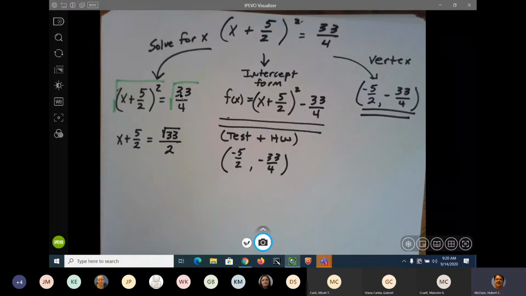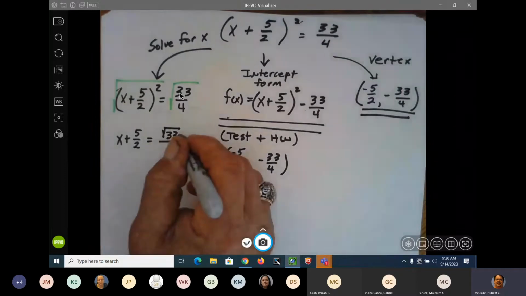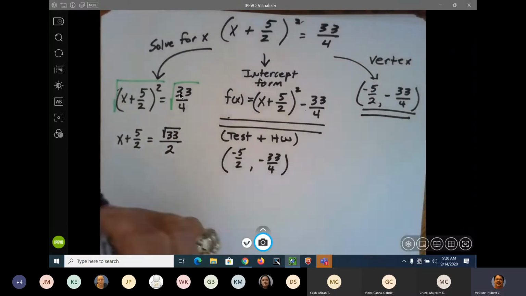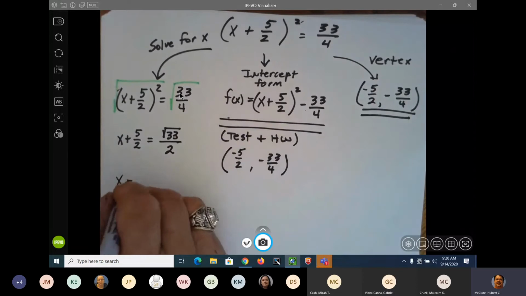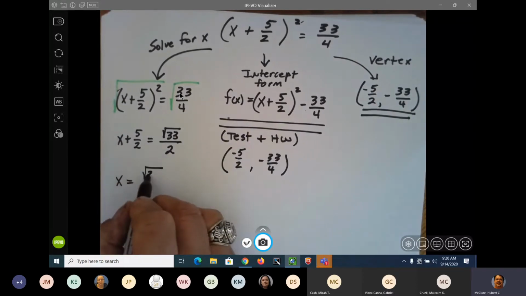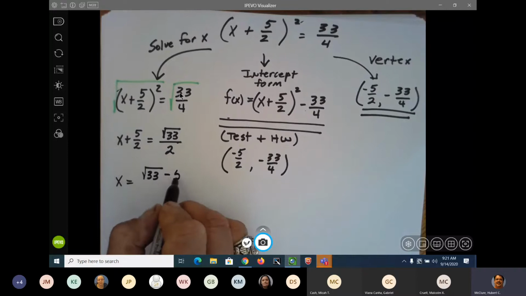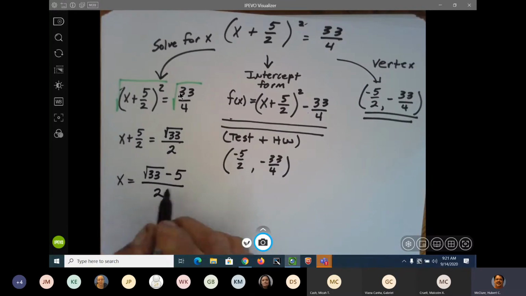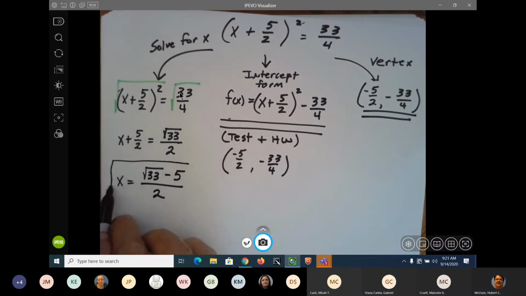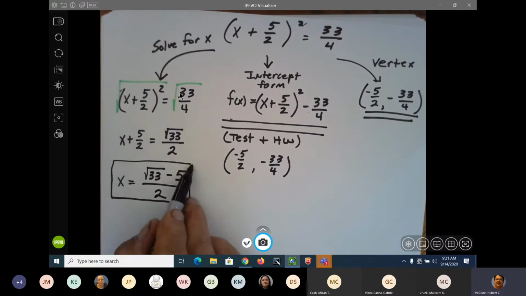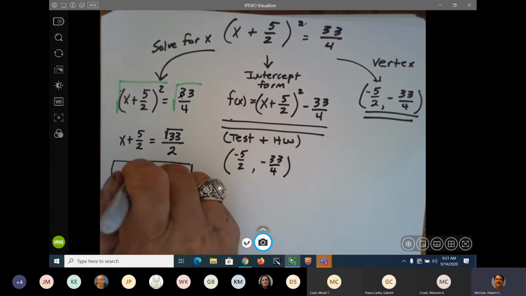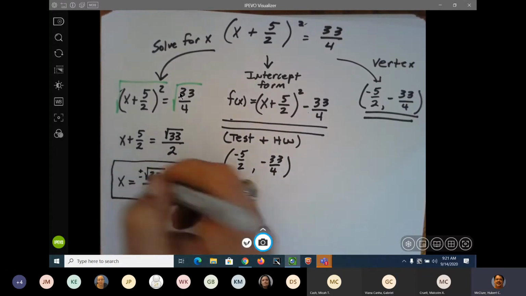Most of the time they want exact, meaning they want the radical in there. Exact would be x is equal to the square root of 33 minus 5/2. That would be exact.